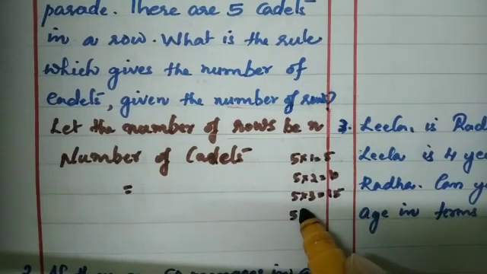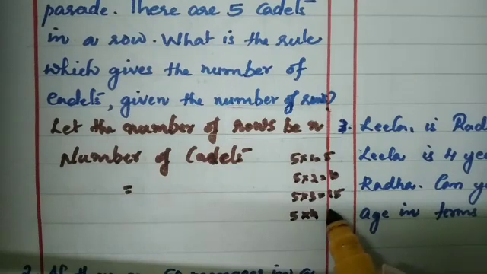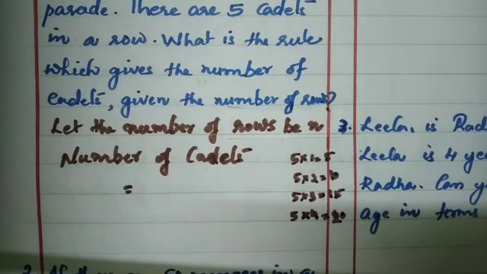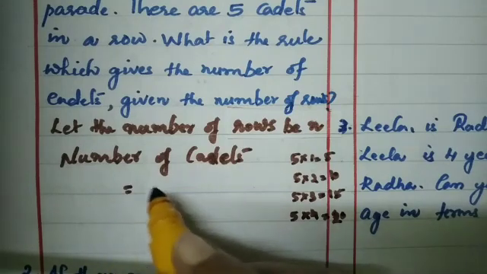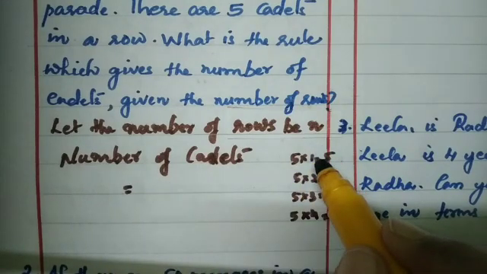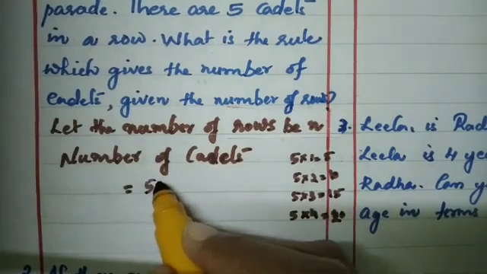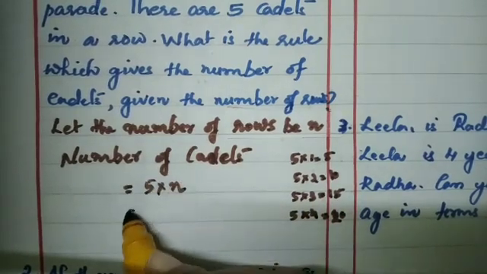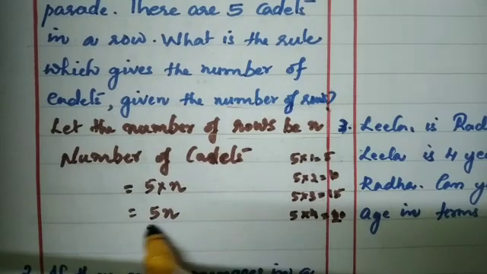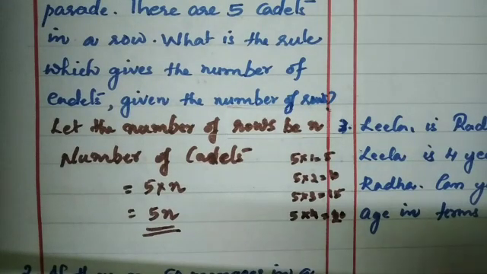For 4 rows is 5 multiplied by 4 equals 20 cadets. Okay. Here is the general formula. n represents the number of rows. Okay. 5 multiplied by n, you can write it as 5n. Okay, hope all of you understood.